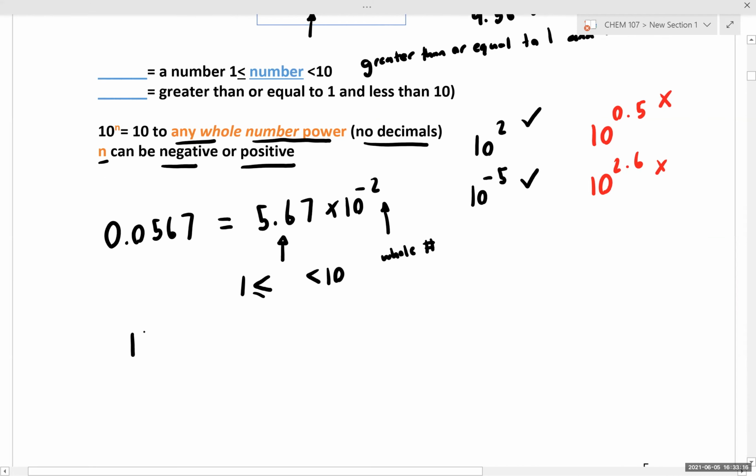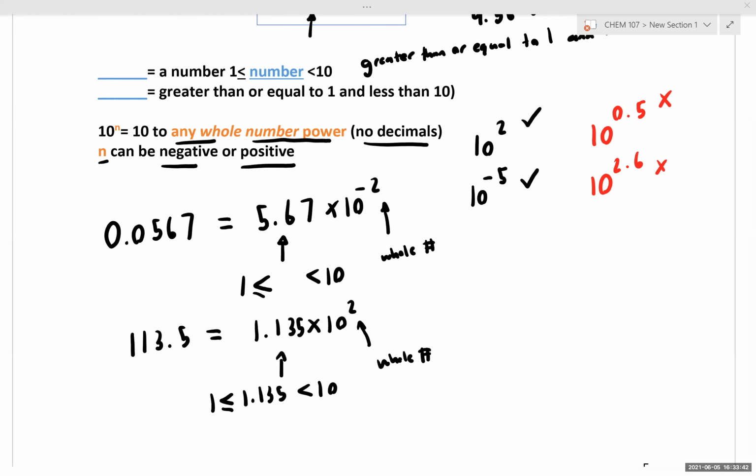Likewise, if we had something like 113.5, we write this as 1.135 times 10 to the second. 1.135 is greater than or equal to 1 and less than 10, and 10 to the second is a whole number.